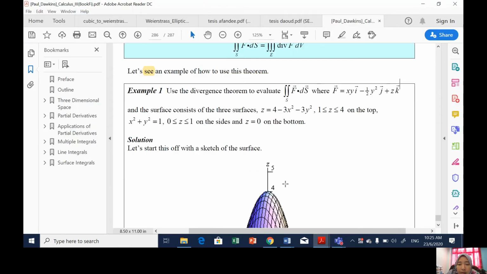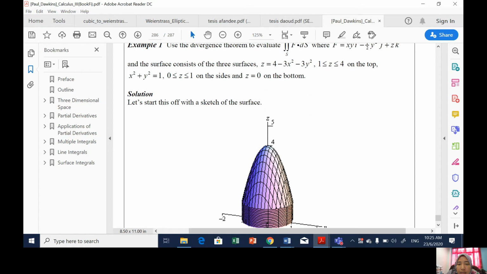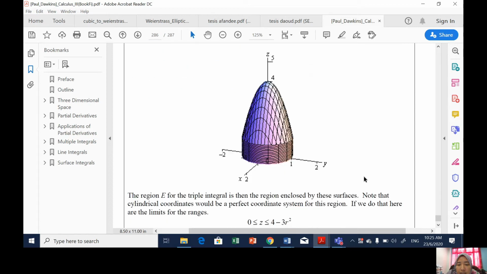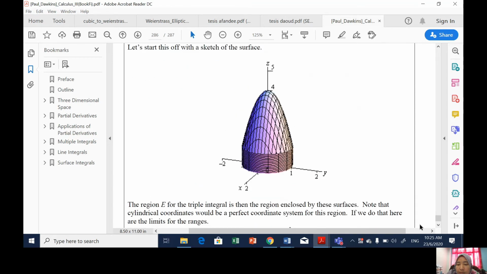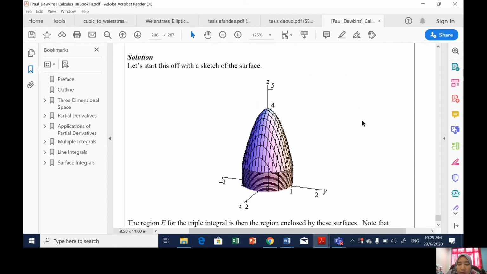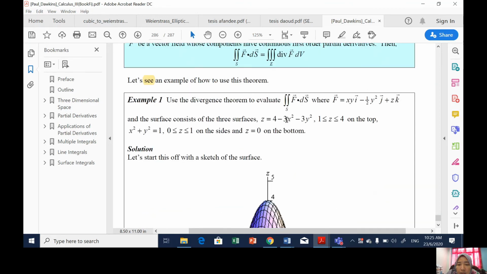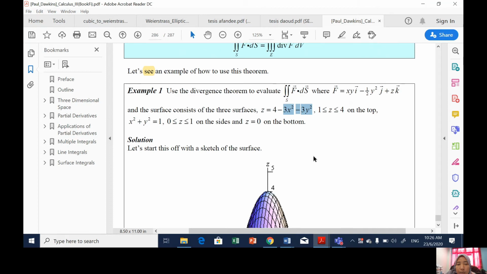We have to find out the limits for x, y, z in cylindrical coordinates. The limits here are in terms of Cartesian, so if we work in cylindrical, x should be converted to one related to r. The equation of a circle is x squared plus y squared equal to r squared.